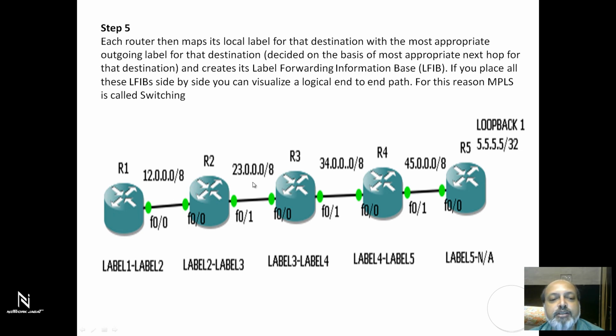It is actually a virtual path, and this virtual path is ready even before the data has been forwarded. This virtual path has been created, right? So for this reason, MPLS is called switching.